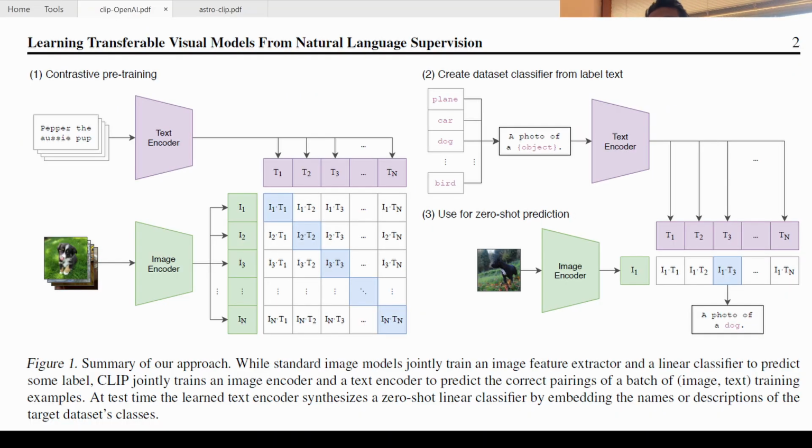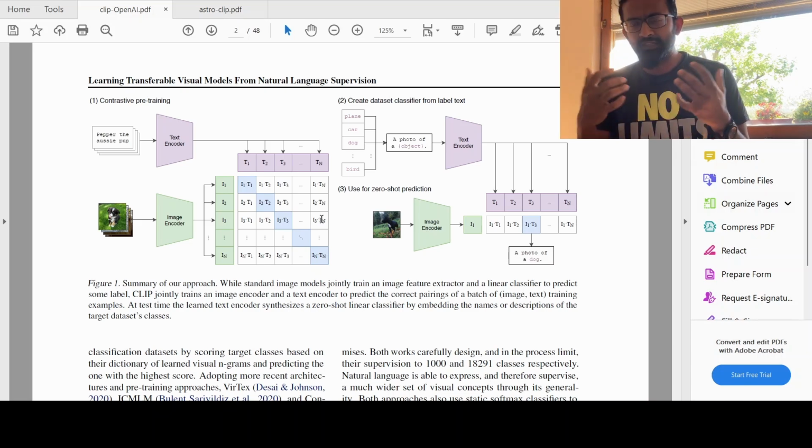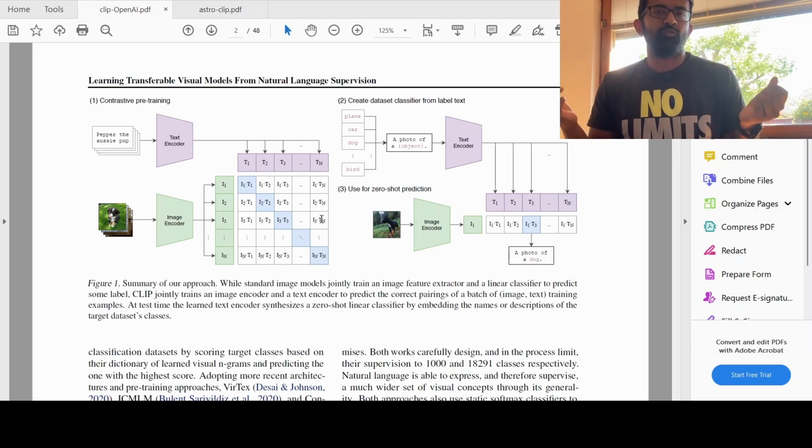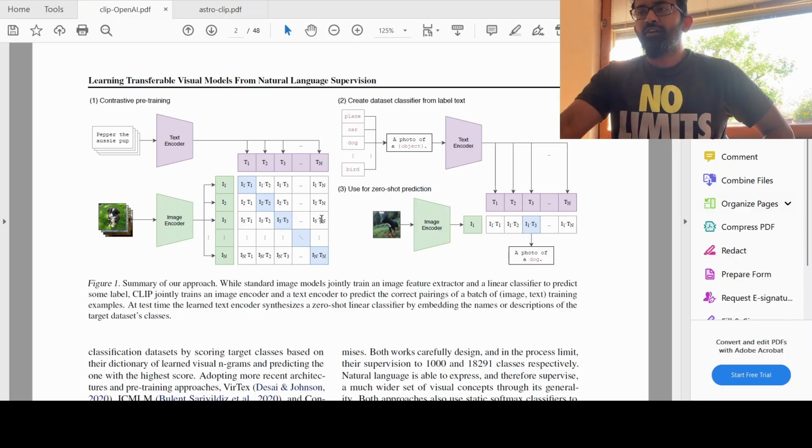The idea is that you have created a joint dataset of images and corresponding text descriptions, say a brown dog jumping over a fence, or fish in your home aquarium, etc.